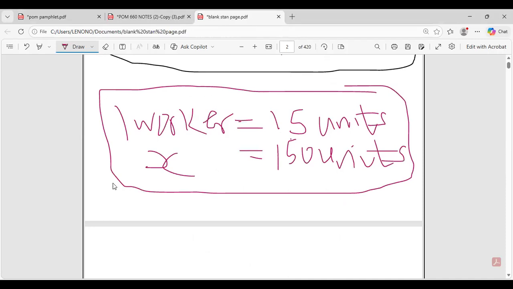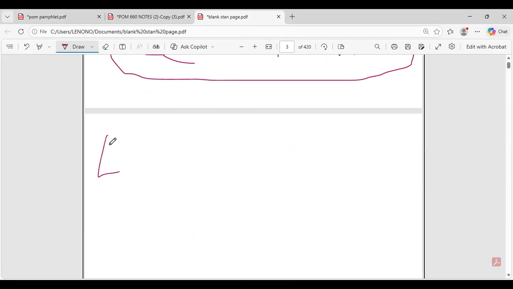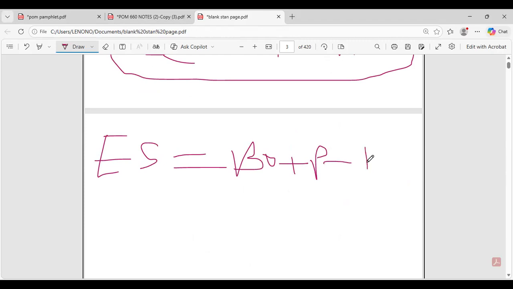Which formula are we going to use? Our ending stock is equal to beginning stock plus production minus the demand.